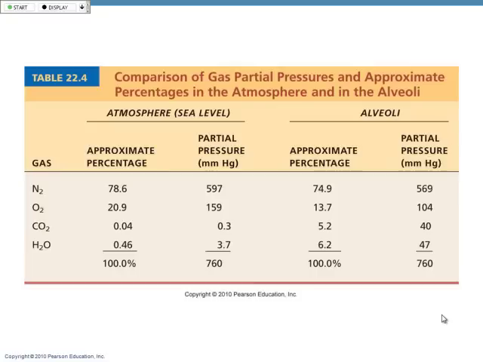And the sum of everybody in the room, or everyone in the atmosphere, is going to exert an atmospheric pressure. Everybody with me? So your partial pressure is the individual pressure you contribute to the total. So nitrogen's partial pressure is what? 569 millimeters of mercury in our atmosphere.